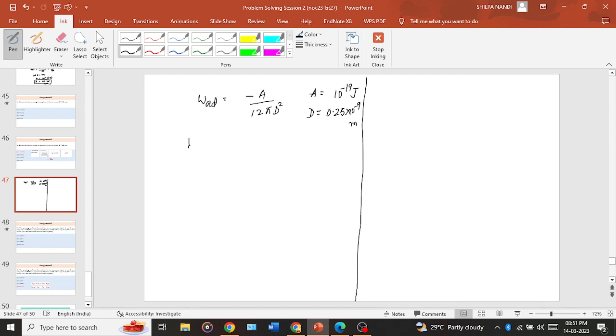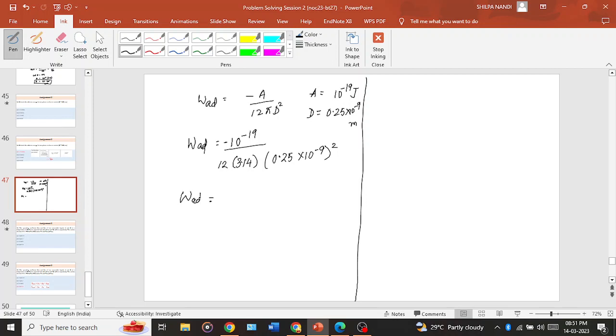So you already know the value of A, that is 10 power minus 19. Here we have the minus sign as well, and then we have 12 and 3.14, and we have d square, that is 0.25 into 10 power minus 9, to the power 2.